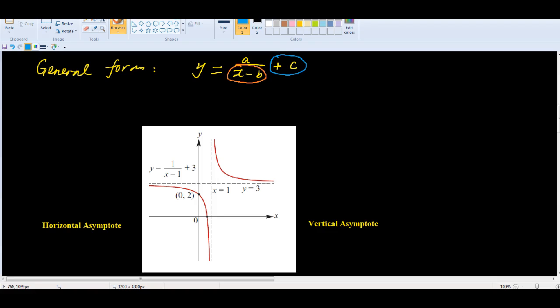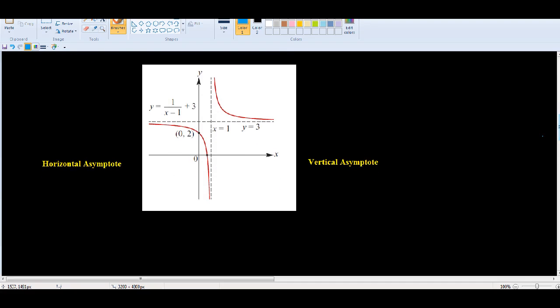Okay, so how could we know where the vertical asymptote and the horizontal asymptote are? Let's have a look at this one. You see there are two asymptotes. Let's first focus on the horizontal asymptote, this one.